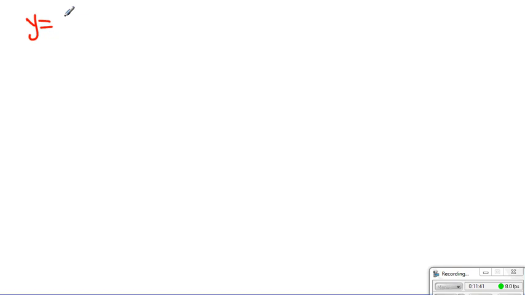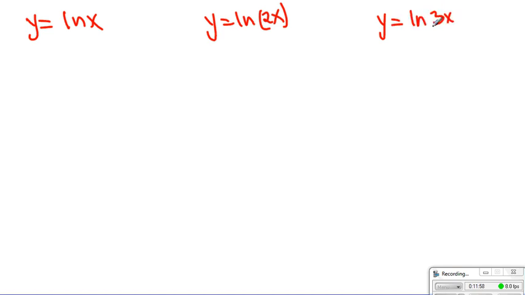Knowing if y equals ln of x, and then y equals ln of 2x, and maybe y equals ln of 3x. Now, first we know that y prime here is equal to 1 over x. That's quite clear.